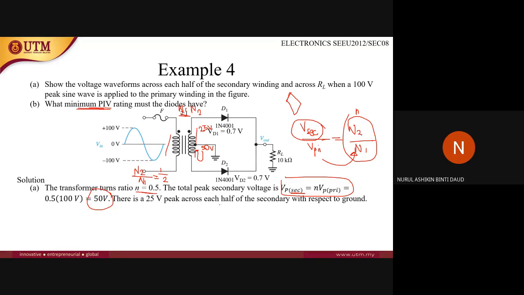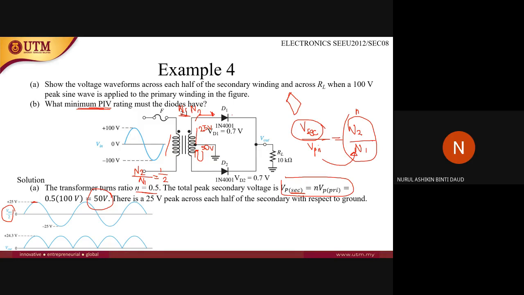25 volts. If you want to draw the waveform, it will look like this. This is the waveform at the V secondary here. At this part, V secondary divided by 2, here will be 25 volts. At this part, the diode drop is not considered yet.